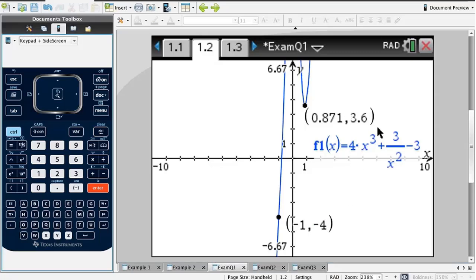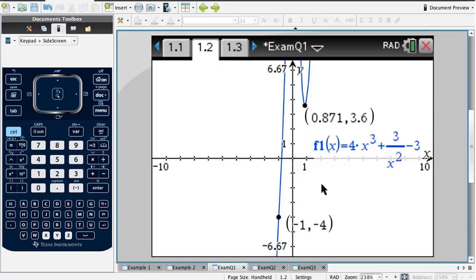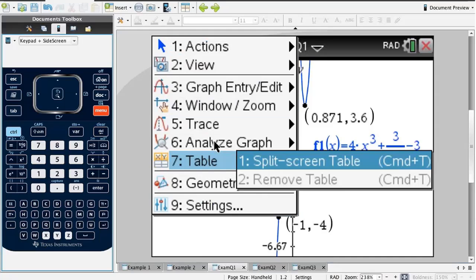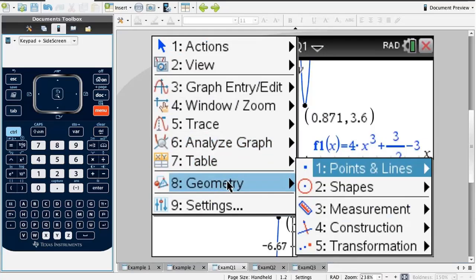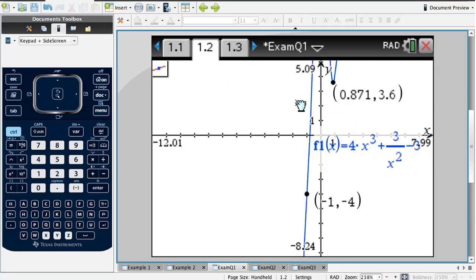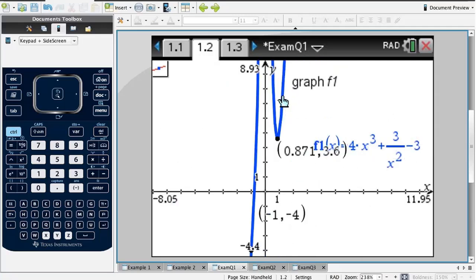And we can also check 5. You could get into the habit of getting your students to check both endpoints of the domain. So geometry, points and lines, point on. Again, I'll click on the graph. But I want to change this to 5.